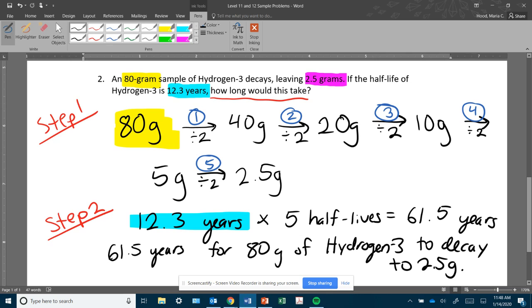So again, step 1, I take my total amount and I half it each time in order to figure out how many total half-lives I need to get to my final amount. In step 2, I take the half-life given and I multiply it by the number of half-lives I found.